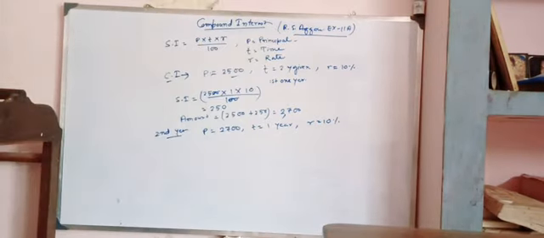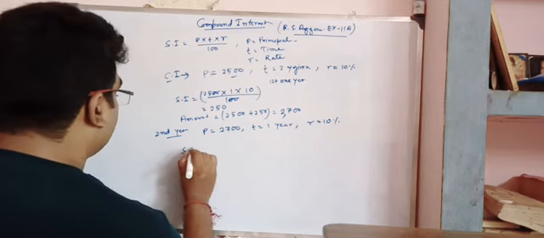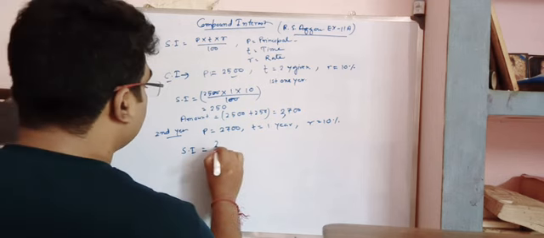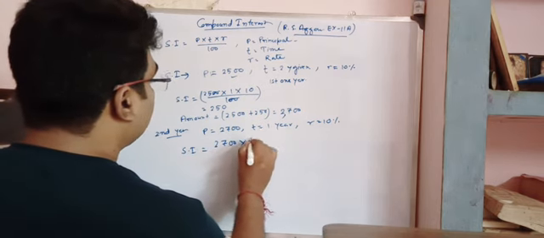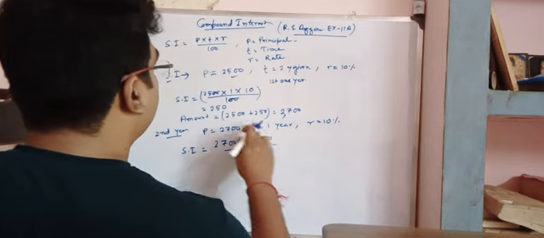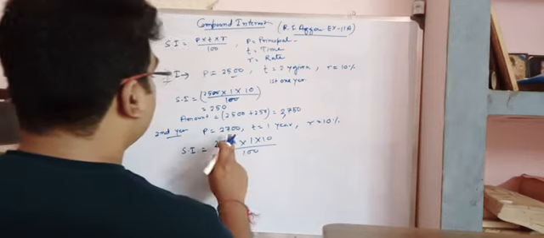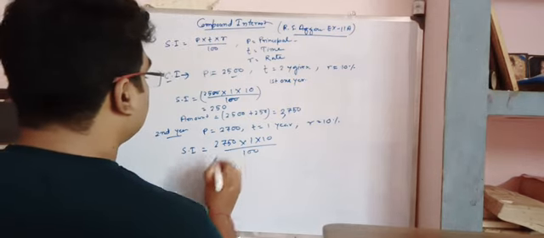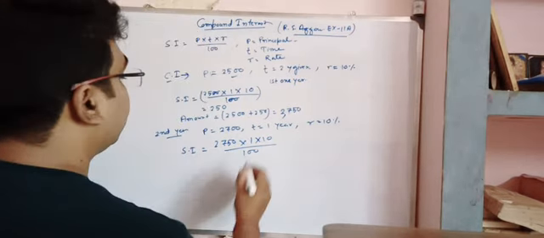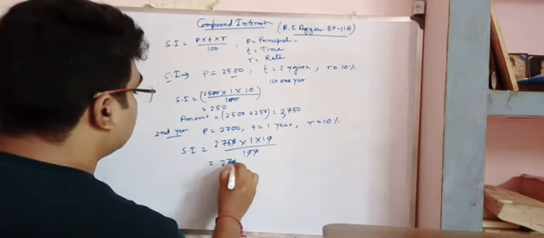So again my interest, from the simple interest formula, is 2750 into 1 into 10 by 100, which is 275.